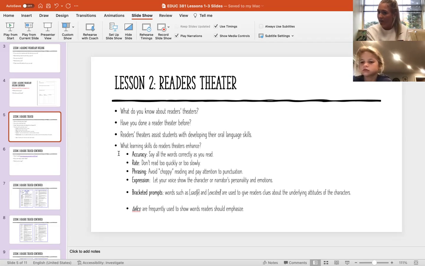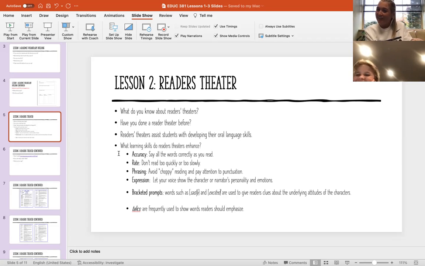You might not be like the character. Let's say an evil rat is a character, right? Nora, you are not an evil rat. So you're going to make your voice sound like an evil rat to portray the character's personality with expression, right? Yeah.